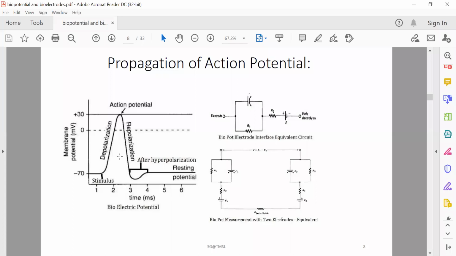You need to remember that after repolarization is complete, the resting potential is reached through what are called after potentials, which reach the resting potential slowly.